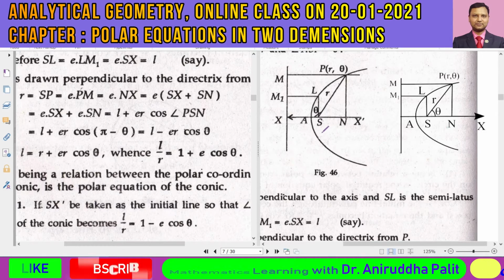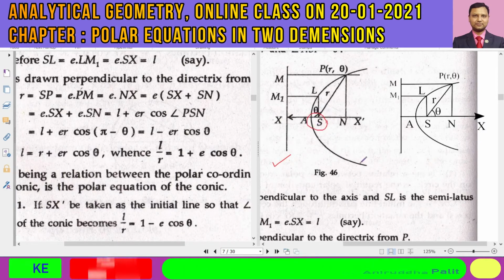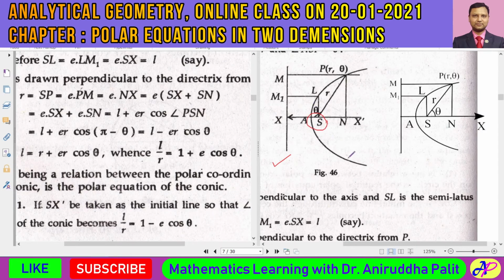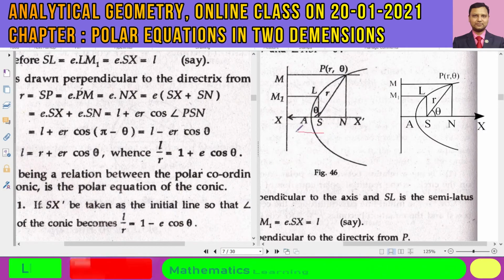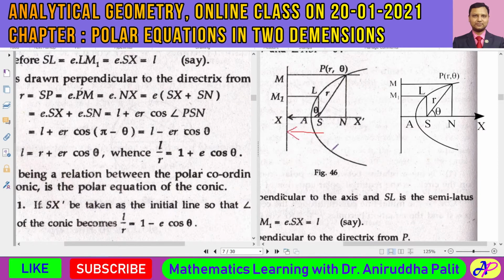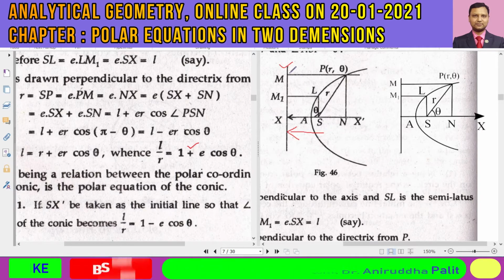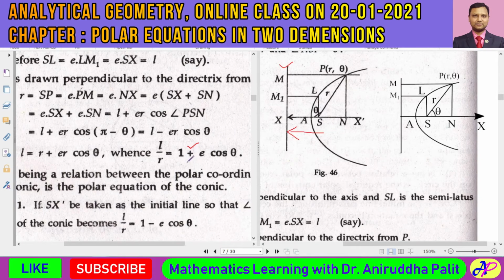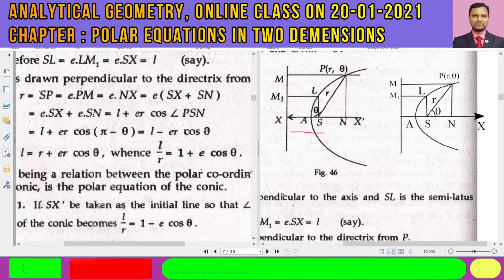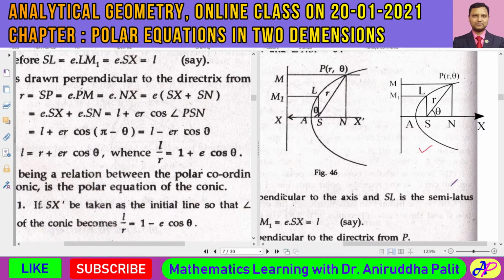What I advise is that if you consider this first picture, with respect to this focus S, this initial axis and the position of directrix both are in the same direction. Okay, and that's why we have a positive symbol over here. So if we find that initial axis and the directrix are in the same position, then we shall have a positive symbol. However, if you consider this picture, what we observe?